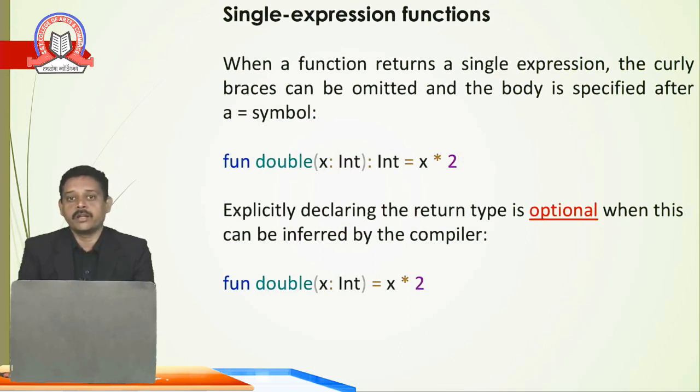So instead of writing these 4 to 5 lines of code, I have written only one line of code, that is fun double, we have declared a function followed with x: Int equal to x times 2. So it will return the value x times 2 by default. So it is similar to the function double(x: Int) = x * 2. Both will be the same.